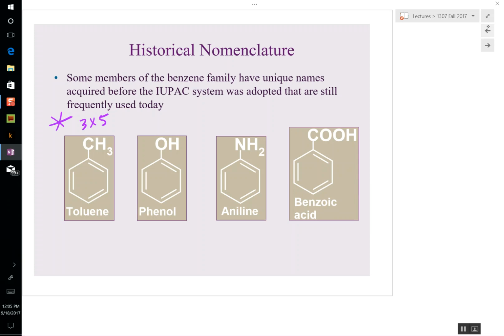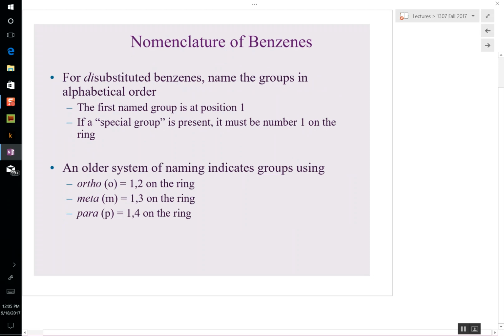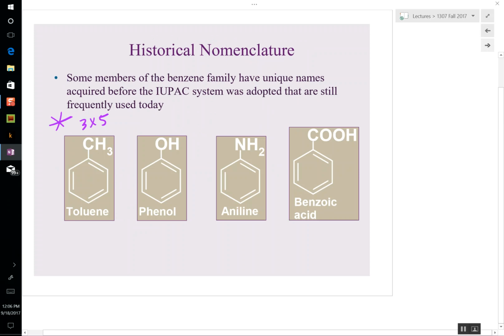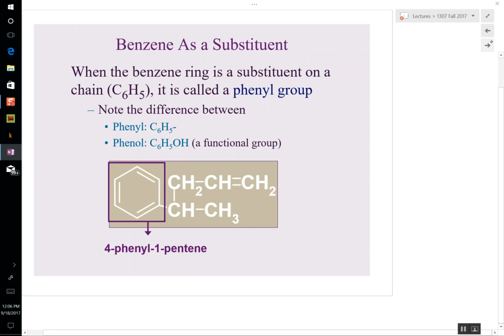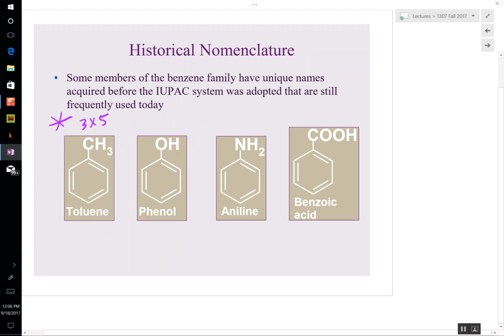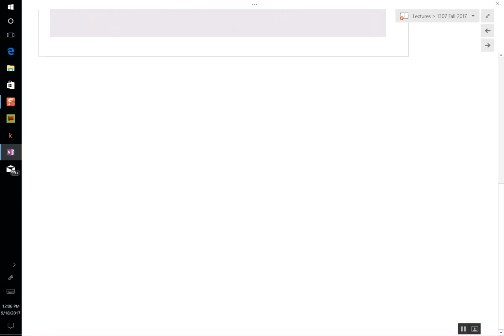All right, now we skipped over something here: a traditional way of naming groups on a benzene ring that we need to understand. So let's go off of toluene. Let's go to this molecule here.